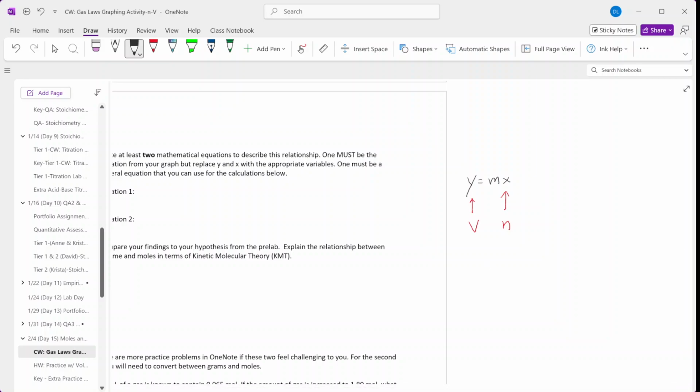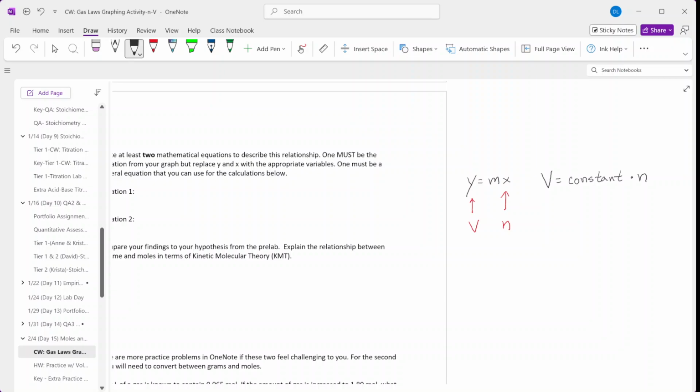So rearranging the equation as we are inserting variables here, we have volume equals our slope, which instead of writing m, I'm going to write a constant k, because the slope is a constant, right? I hope you all agree with that based on what you know about math. And this is going to be multiplied by some n.